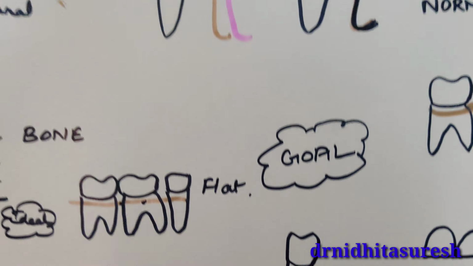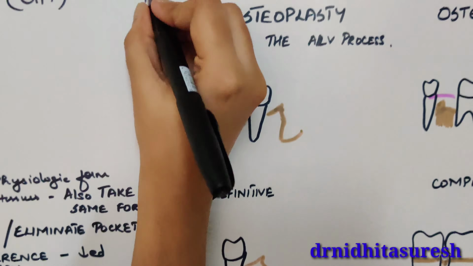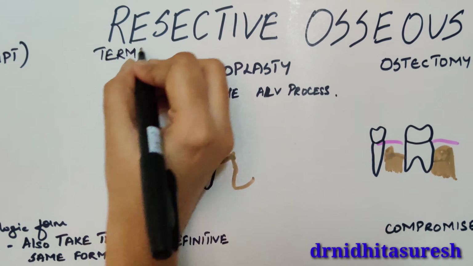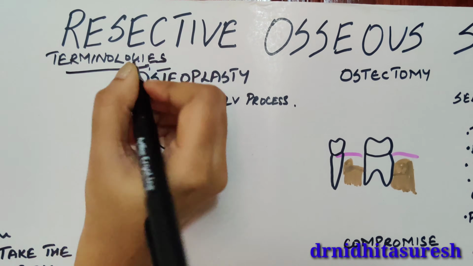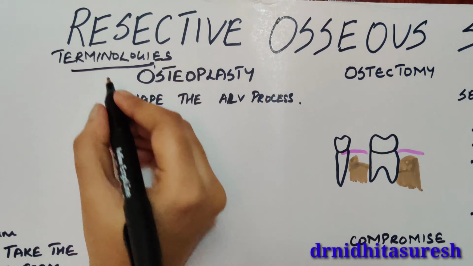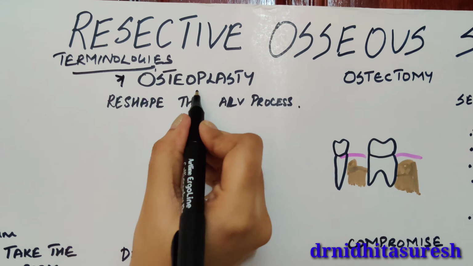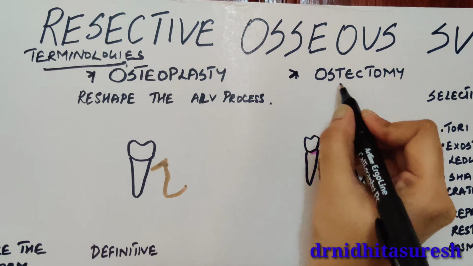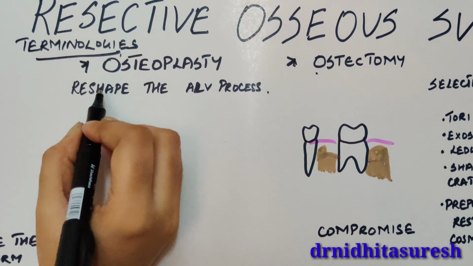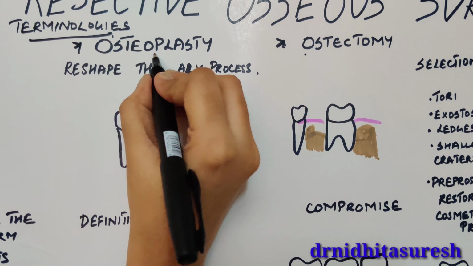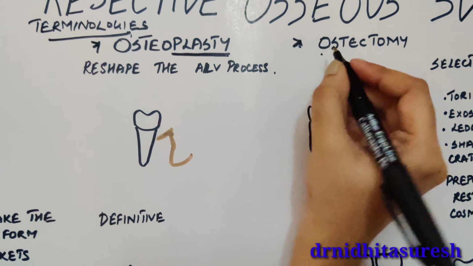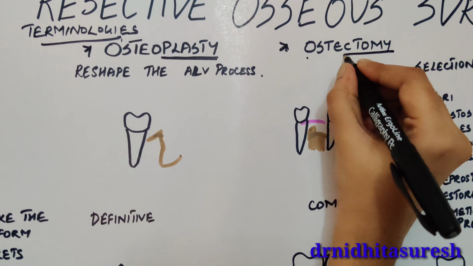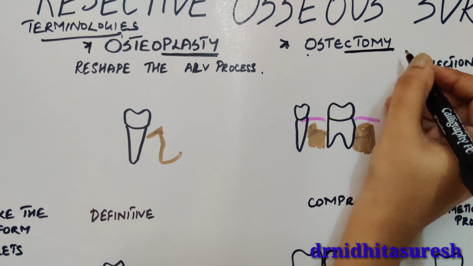Now certain terminologies to be known in resective osseous surgery are osteoplasty and ostectomy. As the word suggests, just remember plasty means you are trying to mold the bone, whereas ectomy means you are trying to remove or excise a part of the bone.